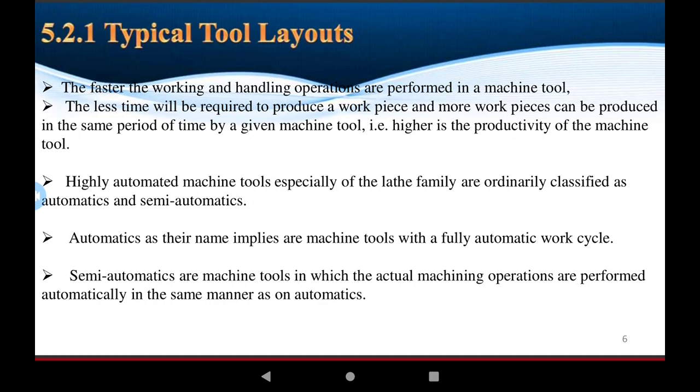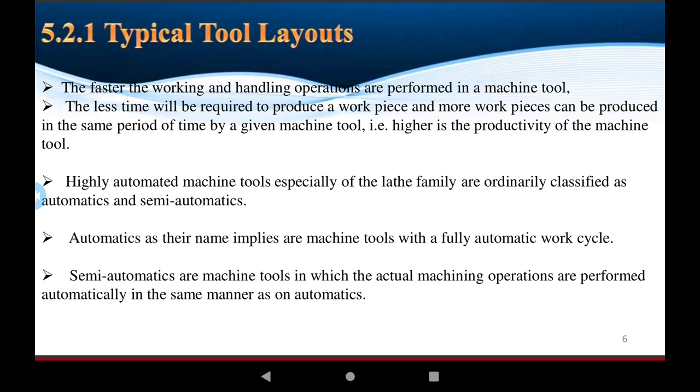Once one job is complete, another job is selected for the machine, and the machine completes it and selects the next job again. The machine performs its work cyclically. Semi-automatic machine tools are those in which the actual machine operations are performed automatically.